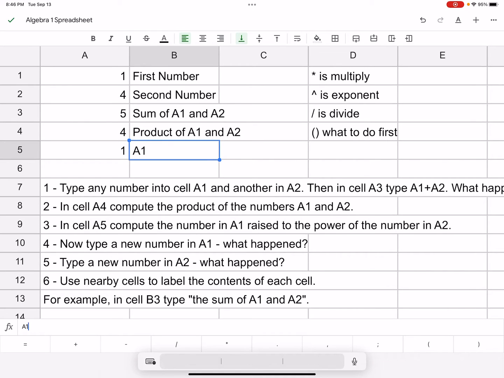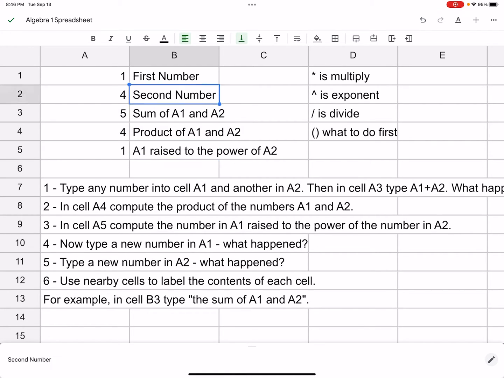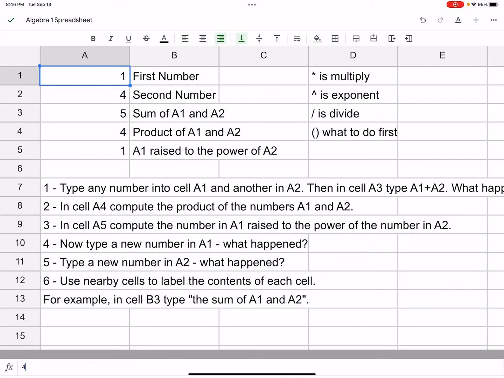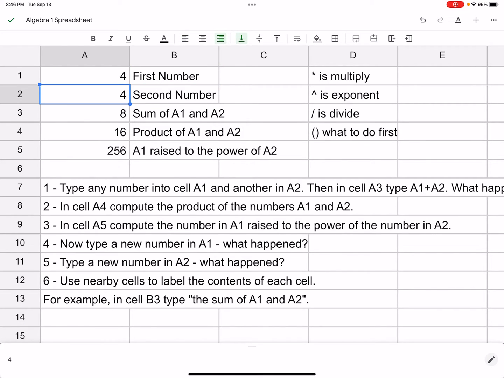And this is A1 raised to the power of A2. So it does help by doing that. Now when I change my numbers around, if I have a 4 there and a 5 there, now I know what these numbers mean. I know this is changing, and this is changing, and this is changing based upon what these first two numbers are each time.